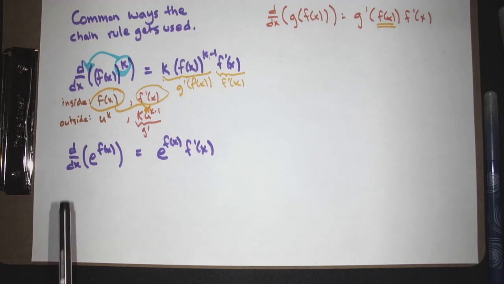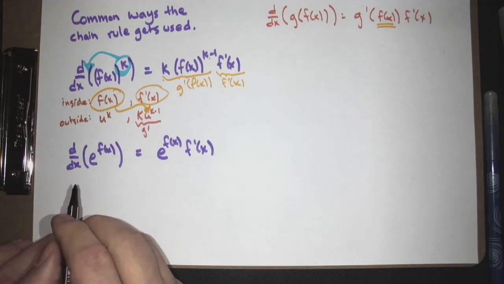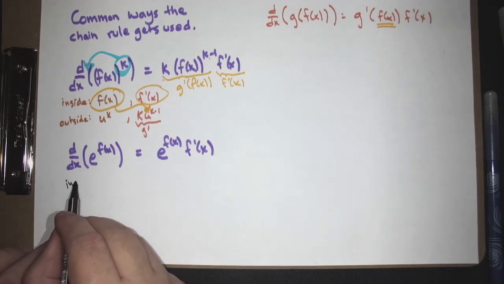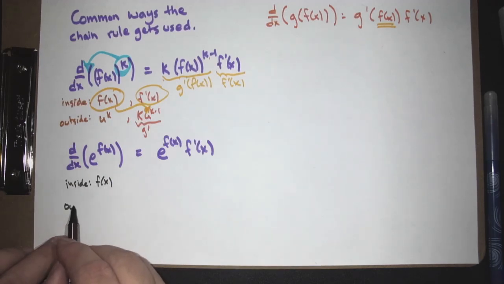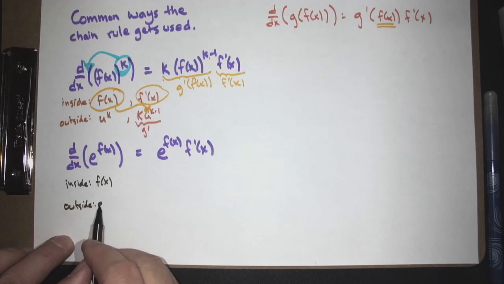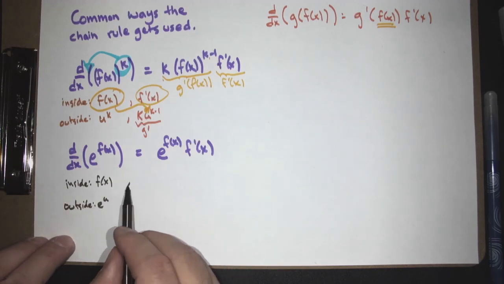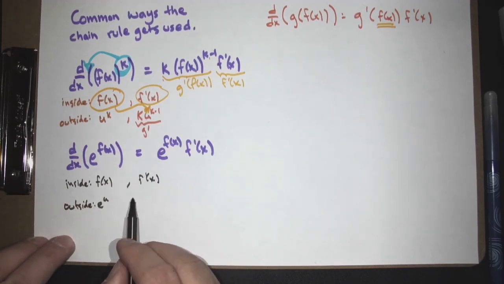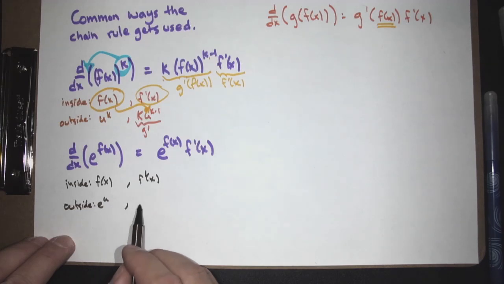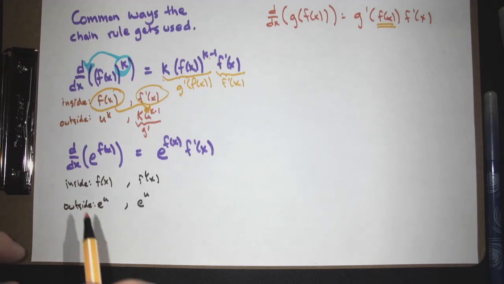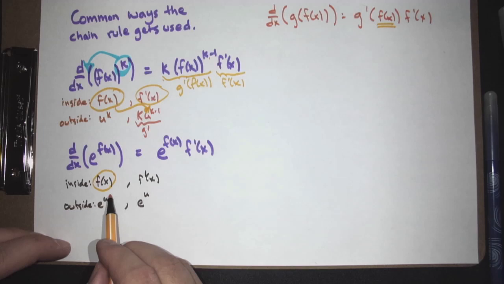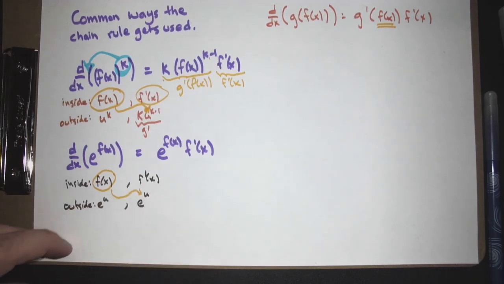Okay, so what happens for this other one? The derivative of e to the f of x, what's the inside? F of x. What's the outside? E to the u. The derivative of the inside? F prime of x. What's the derivative of e to the u? It's e to the u again. Same as before, we plug the inside, that's our f of x, into the derivative of e to the u.